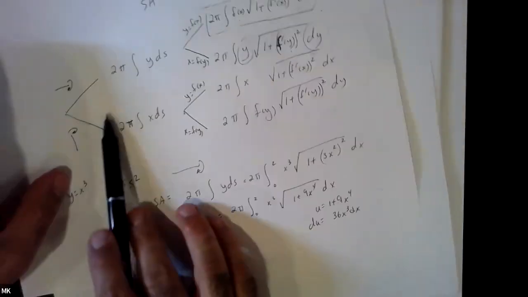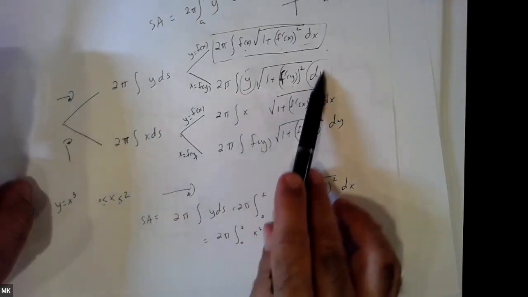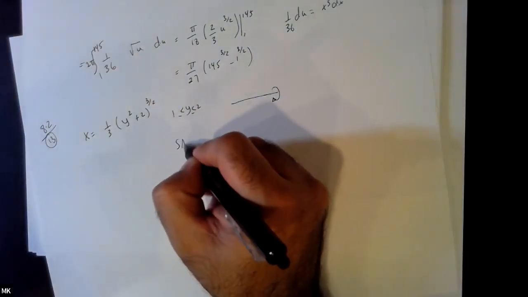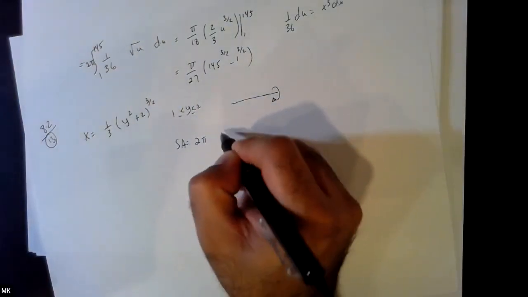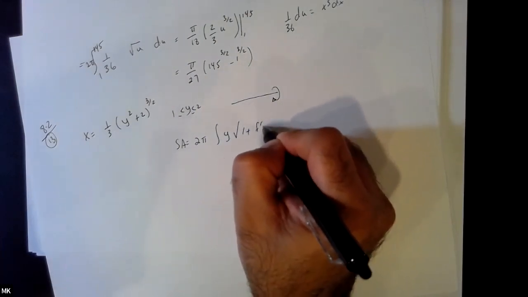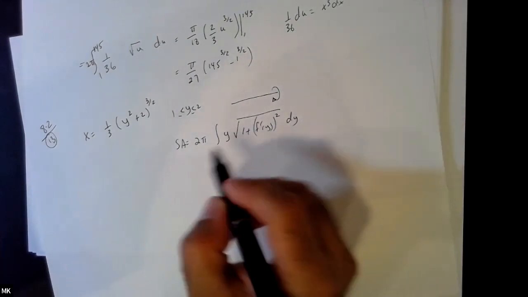So about the x-axis, we use this form, but x is a function of y. This is a formula I want to write. So it's going to be 2 pi integral of y square root of 1 plus f prime of y squared dy. Not too bad.